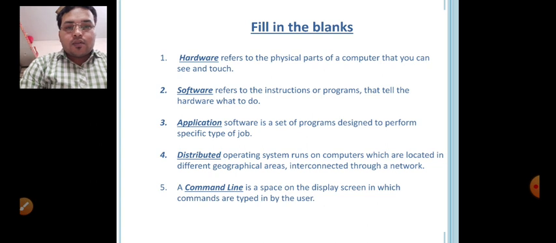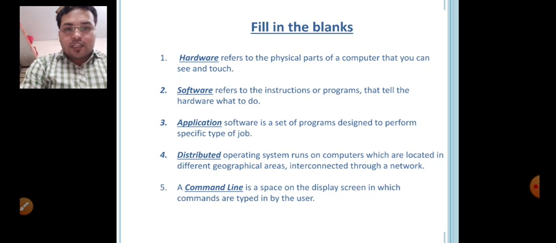In the first one, the question is like that: dash refers to the physical parts of a computer that you can see and touch. So the answer will be hardware. Next, dash refers to the instruction or programs that tell the hardware what to do. It is software. Next, dash software is a set of programs designed to perform specific type of job application.